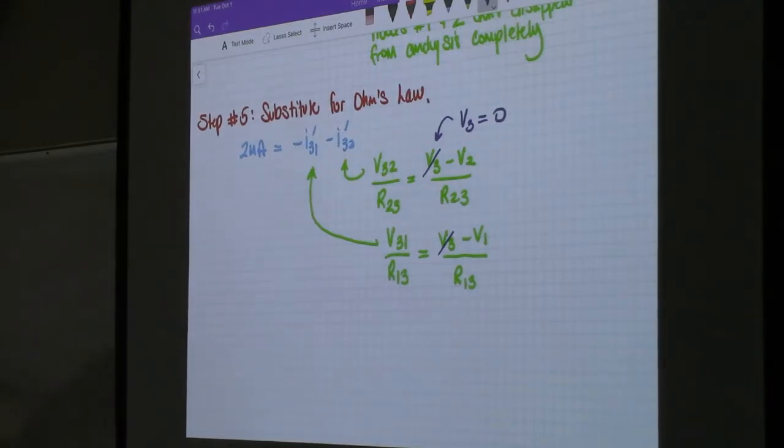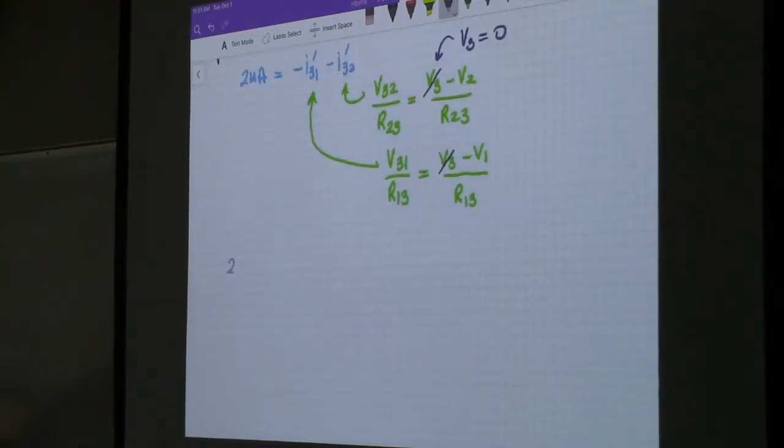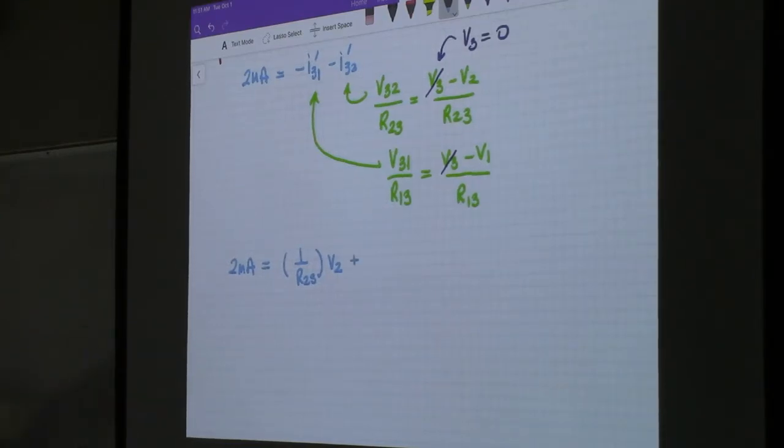If we sort that all out, what we're left with is 2 milliamps is equal to 1 over R23 times V2, the negatives will cancel out, and then plus 1 over R13 times V1. Again, those negatives will cancel out.